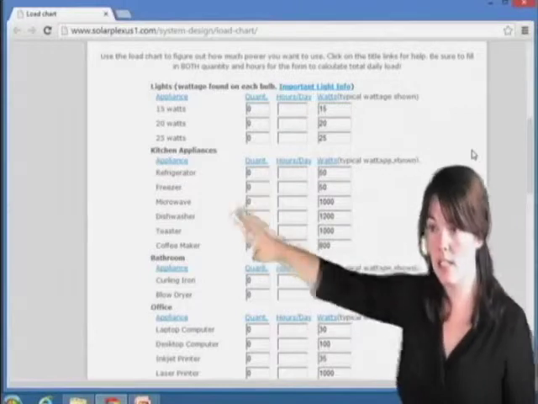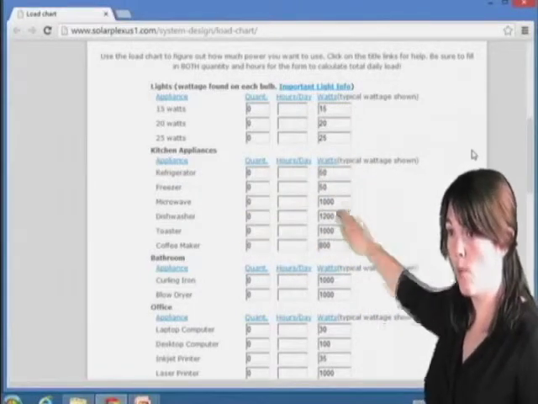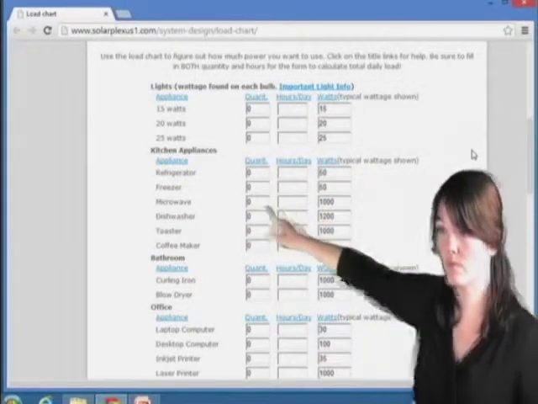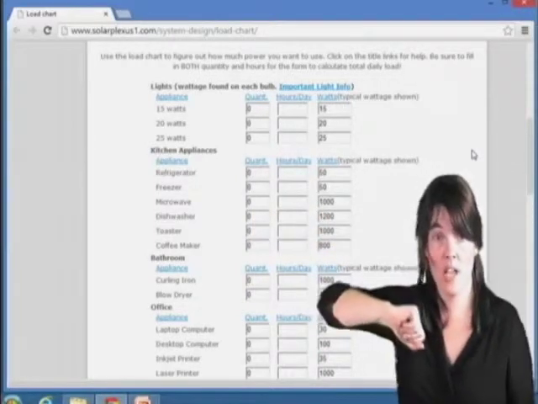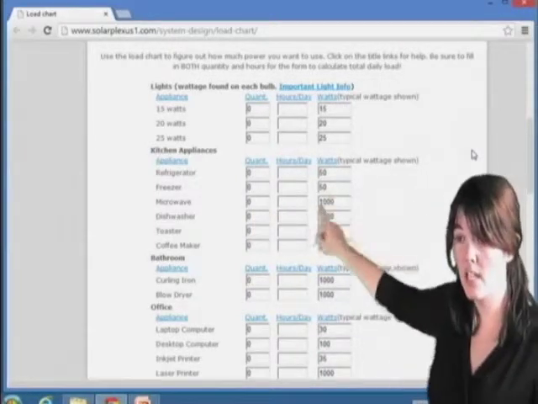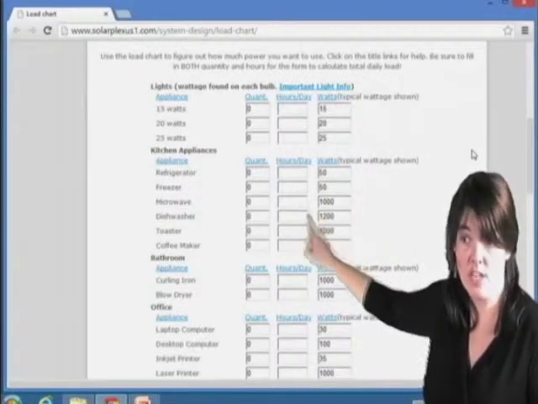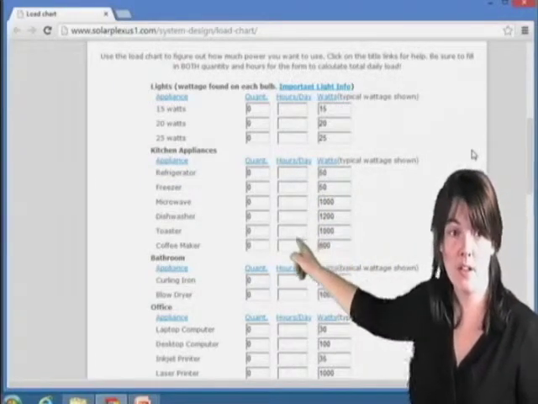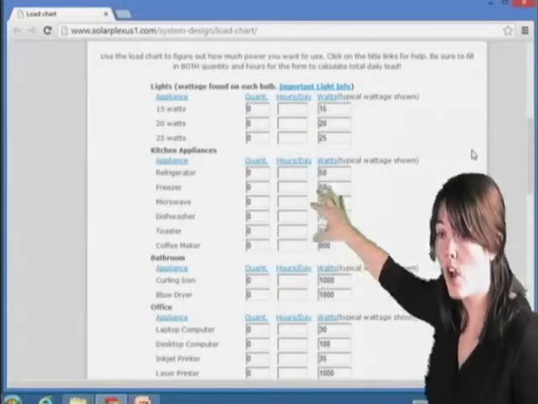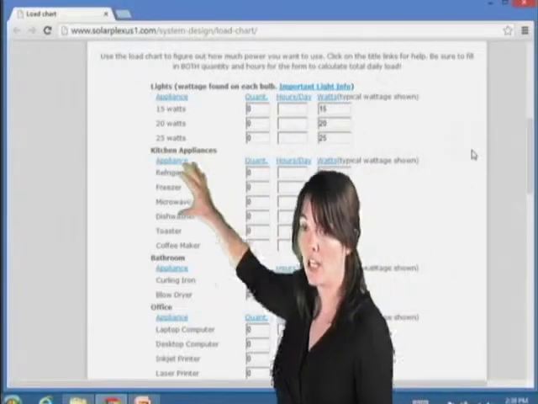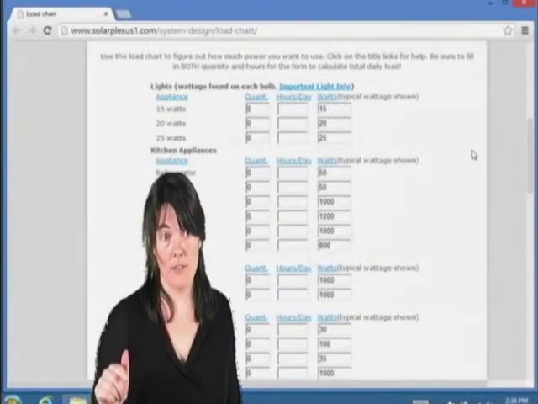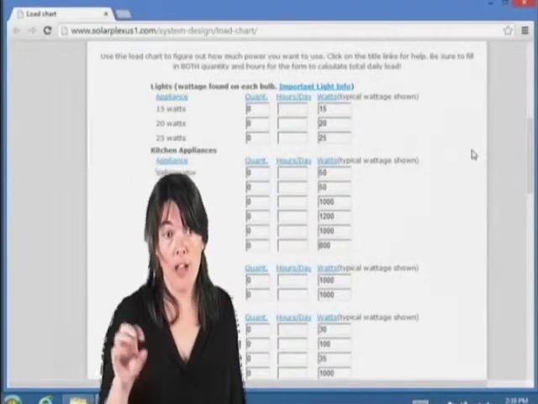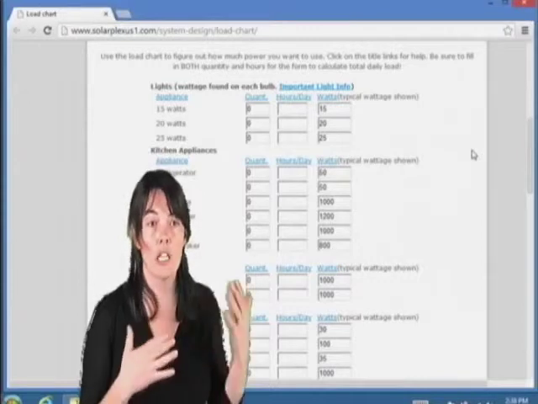So if we take a look at this, we have this in watts. A microwave is typically about 1,000 watts, or 1 kilowatt. A dishwasher about 1,200. A toaster about 1 kilowatt. These are all different things that we're going to be taking a look at. So if you have 4,700 watts that you have access to, you can start looking at the different things.